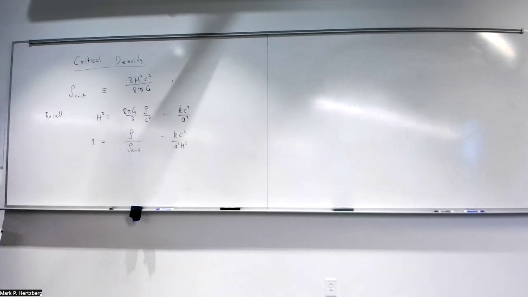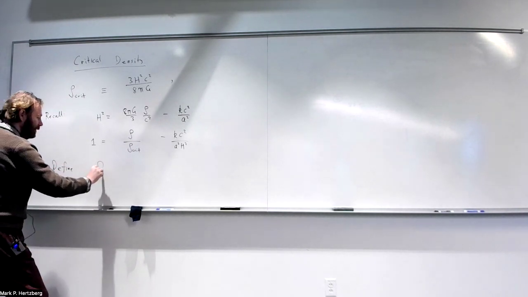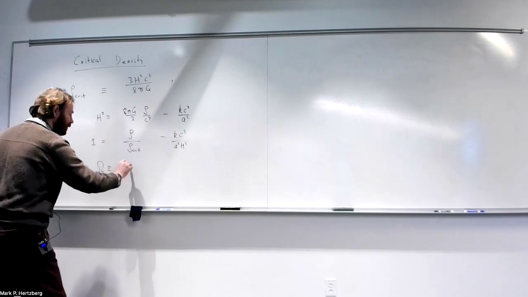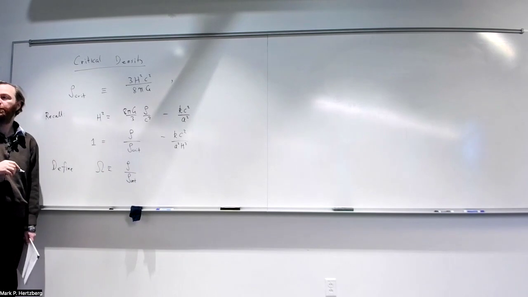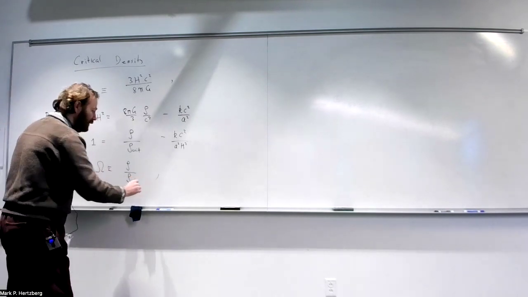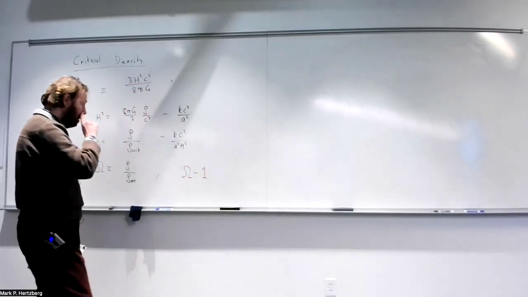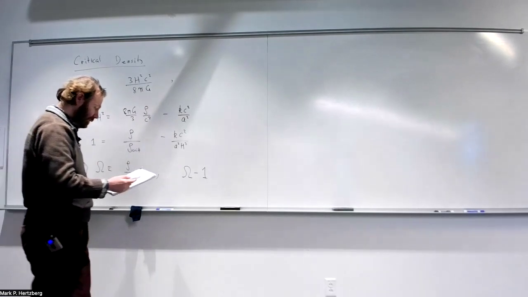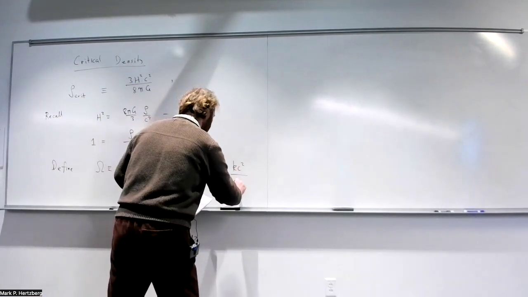And then usually people define this capital omega as this ratio, rho over rho critical. So a dimensionless measure of density. And then our equation just becomes, we can write it as omega minus 1, move things to the other side, is k c squared over a squared H squared.